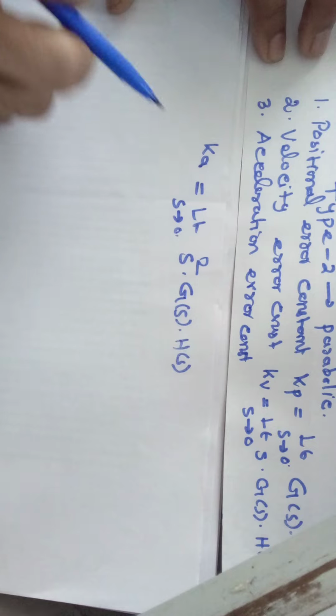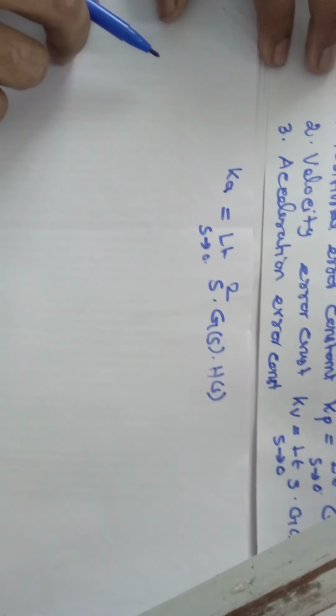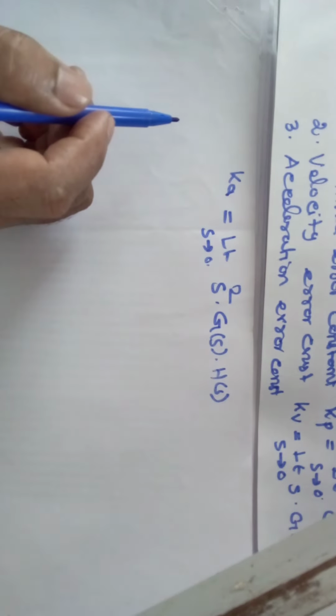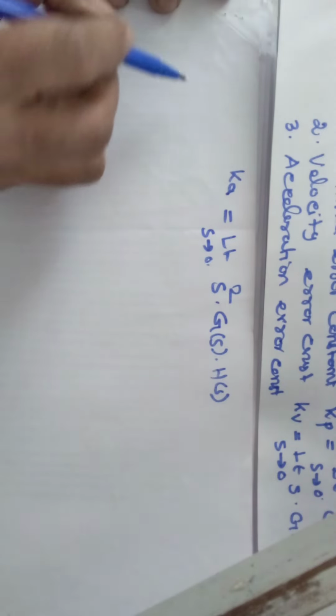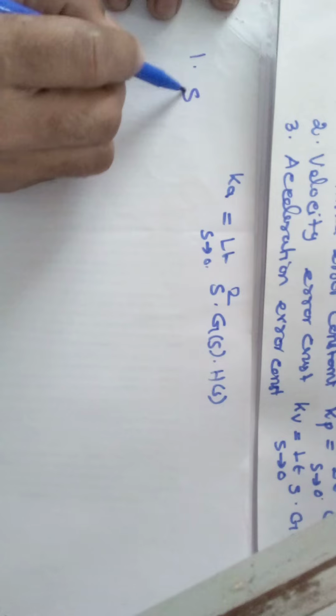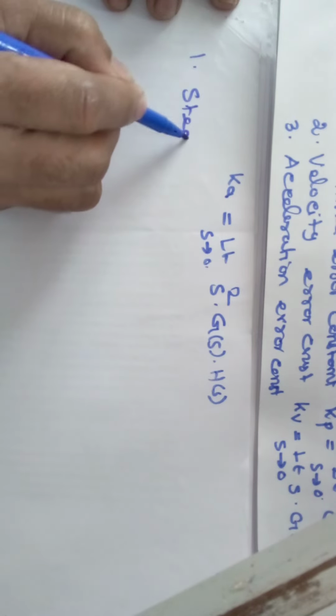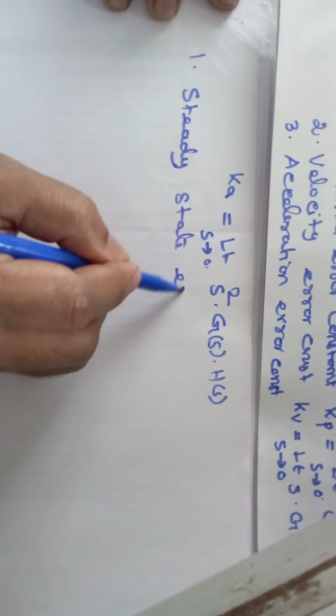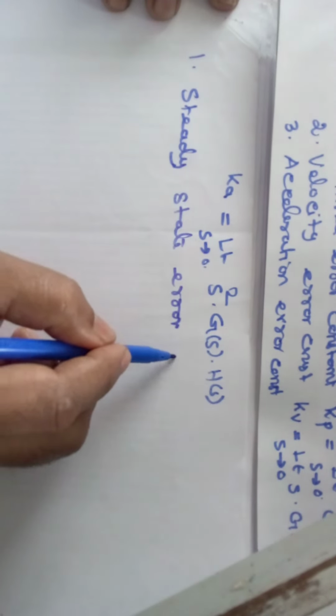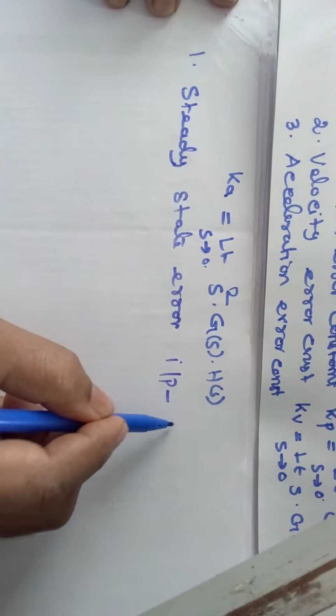Now we are going to find the steady state error when the input signal is a unit step signal. So the first case is the steady state error when the input signal is a unit step signal.